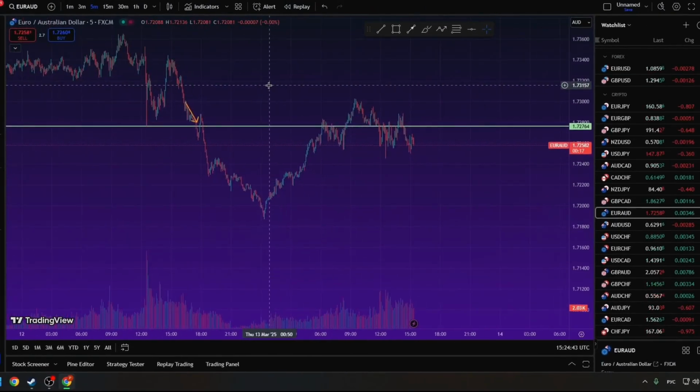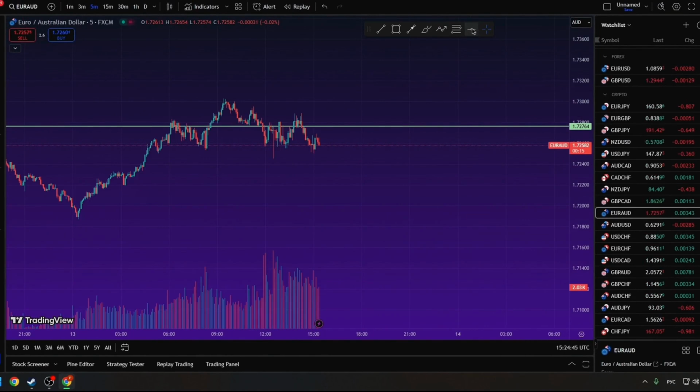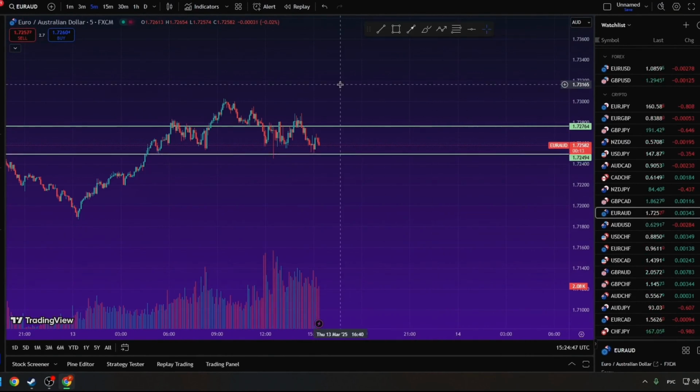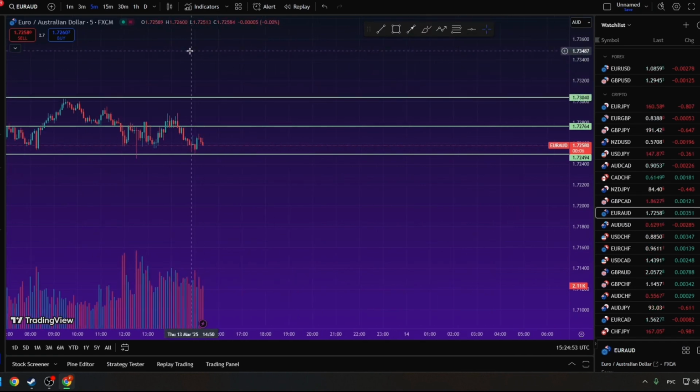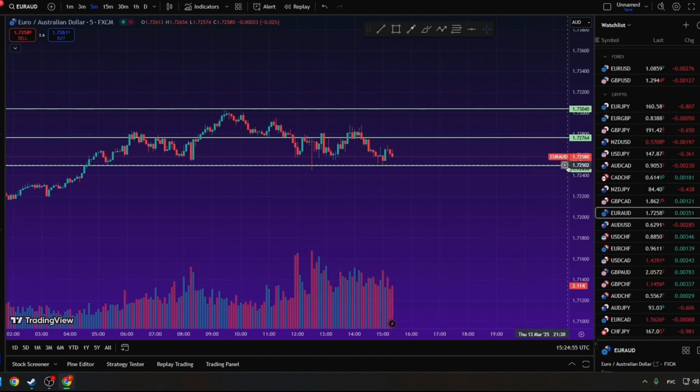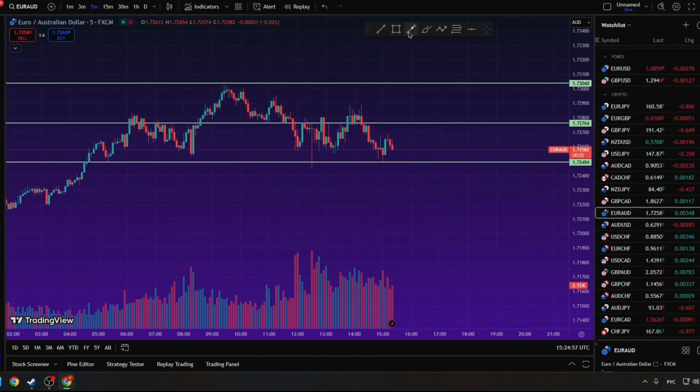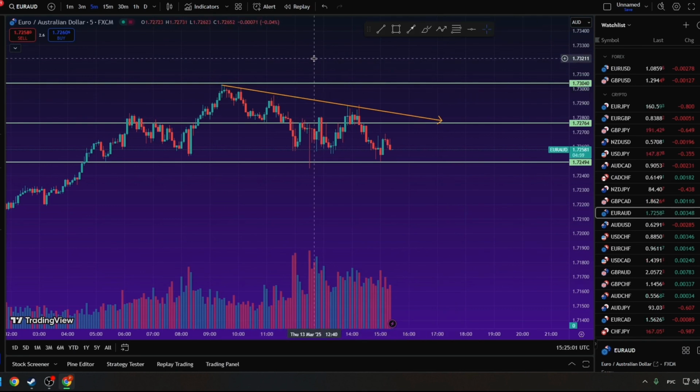So I found an interesting situation on the euro to Australian dollar currency pair. I'll mark the horizontal support and resistance levels, as well as the overall price movement direction. At the same time, I'll also mark the diagonal resistance level.